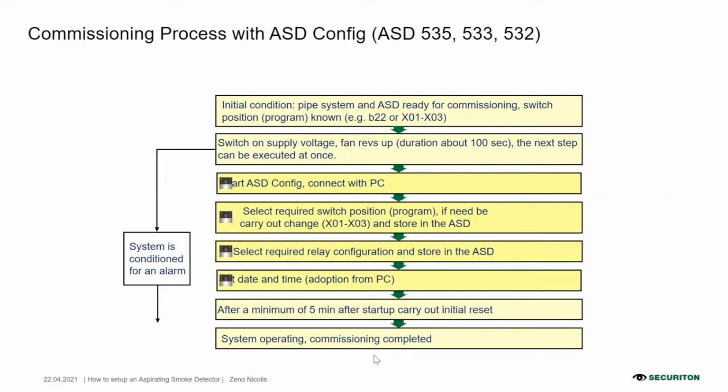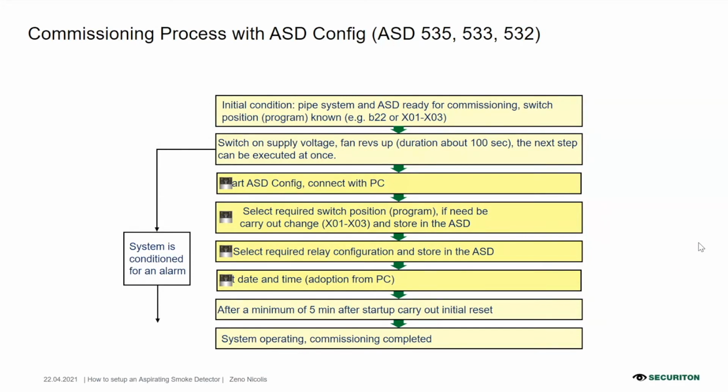So let's see how we commission the ASD config when we use the software. We made the design with our ASD pipe flow. Then we switch on the ASD, and the fan revs up stepwise in 100 seconds.